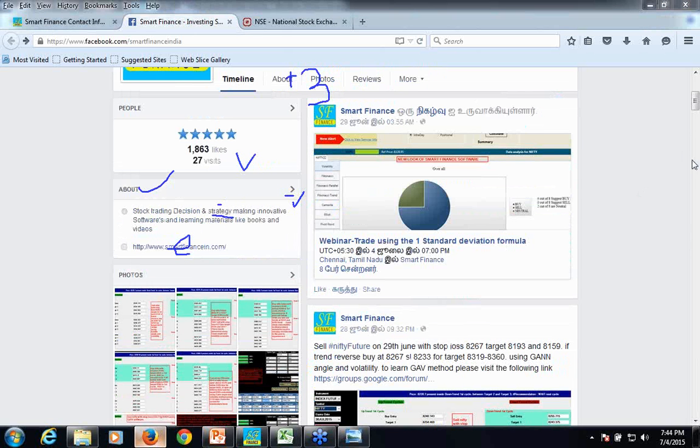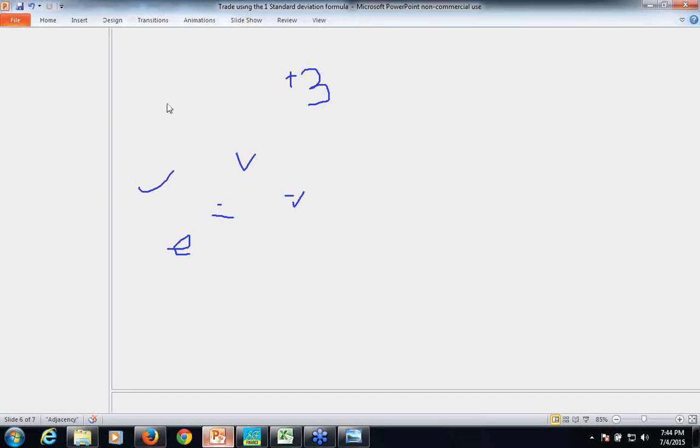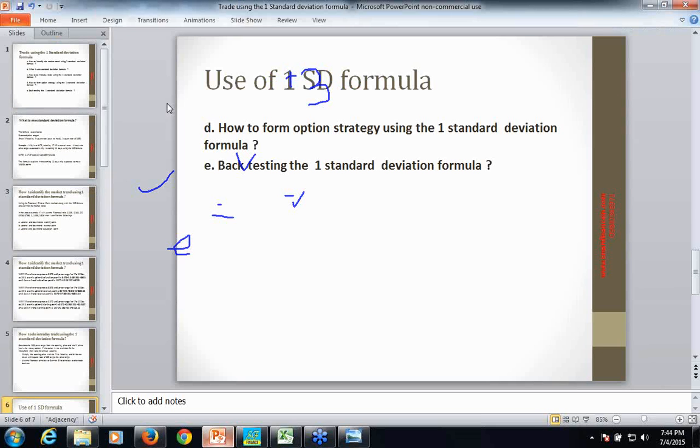This is based on the same theme of one standard deviation. Using one standard deviation, I calculated that this is what we are going to scale. Based on this scaling factor, when the trend gives me a confirmation, and based on that trend confirmation point, I have formed a strategy and given it to you, and I am projecting the profit only till the second part, which I am naming the trend reversal point.